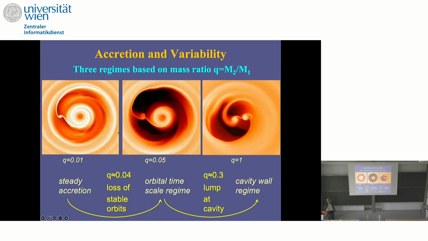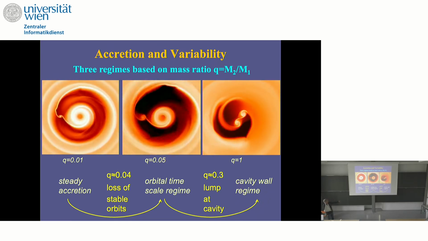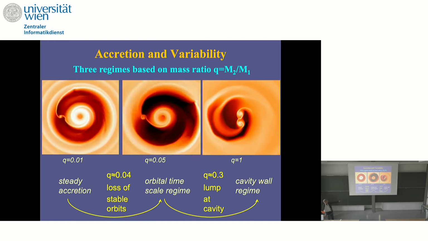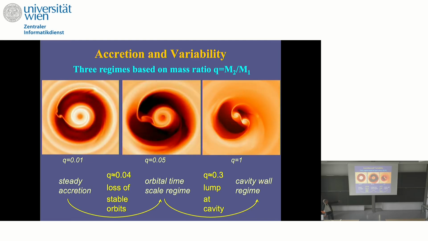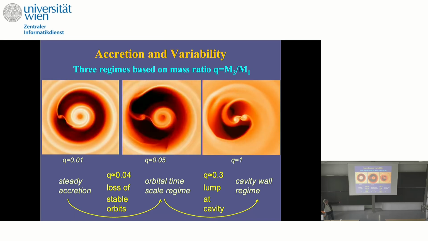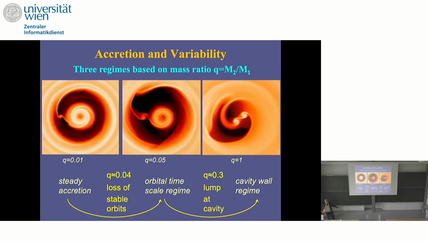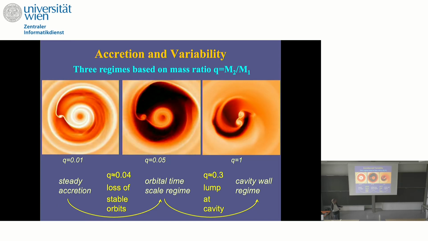So these are the movie versions of a 1% mass ratio, 0.05 and 1. It's just nicer. These are in the co-rotating frame. Here you can see the black hole also circulating. You see it's very stable. This is becoming quite unstable, and the main point here is that you feed the binary even though they're in this large cavity.